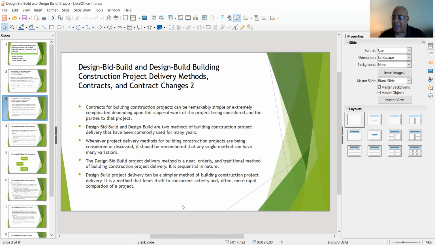Why? Because it is sequential in nature. And remember this: design build project delivery can be a simpler method of building construction project delivery. Why? Because it is a method that lends itself to concurrent activity and often more rapid completion of a project.